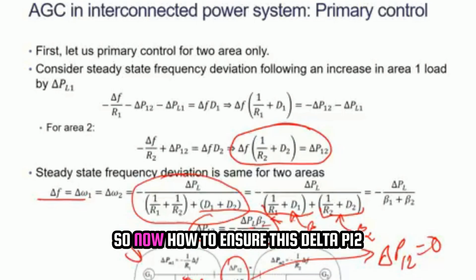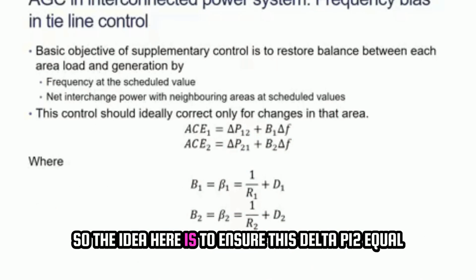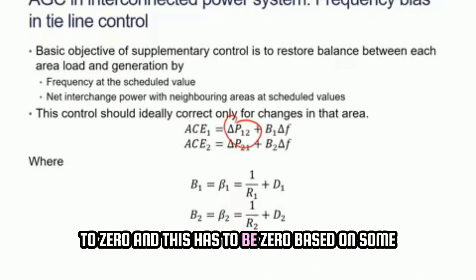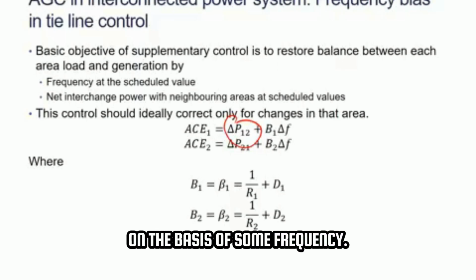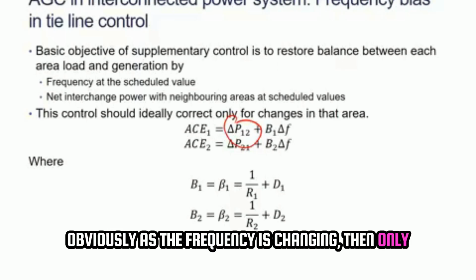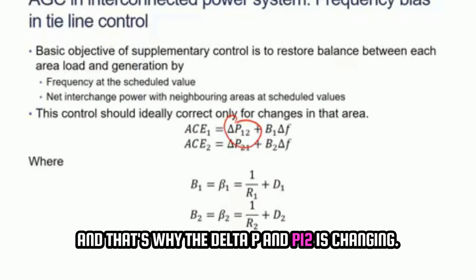So now, how do we ensure that this delta P12 is equal to 0? The idea here is to ensure this delta P12 equal to 0, and this has to be done on the basis of some frequency. Obviously, as the frequency is changing, only then are the loads and generation changing, and that's why the delta P12 is changing.